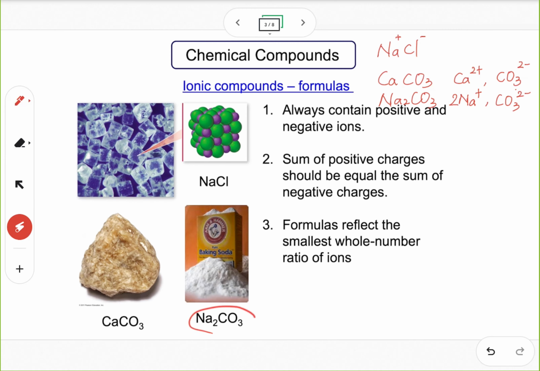For instance, for sodium carbonate, you have a 2 to 1 ratio, 2 sodium to 1 carbonate, CO3 2 minus. So this 2 to 1 ratio is the smallest integer ratio between the 2 ions, so the molecular formula is the empirical formula. Okay, these are some basic features of ionic compounds.